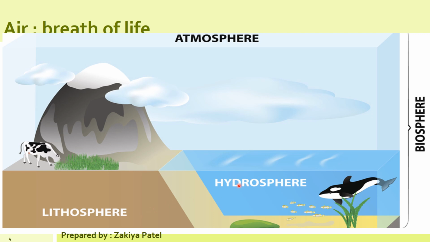Now what about the water? Now we know that water covers 75% of the earth's surface. Yes, this is true. Water covers 75% of the earth's surface, and water is also found underground. This comprises underground water and the water present on the earth's surface.